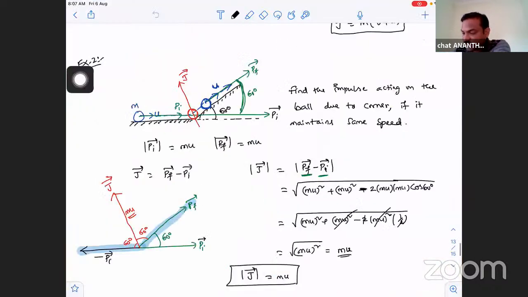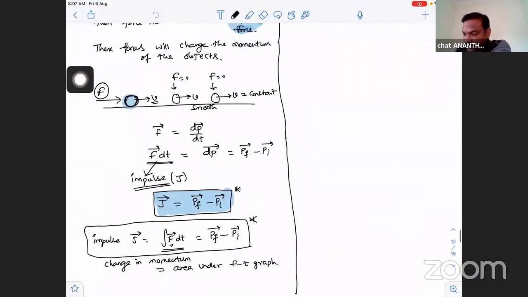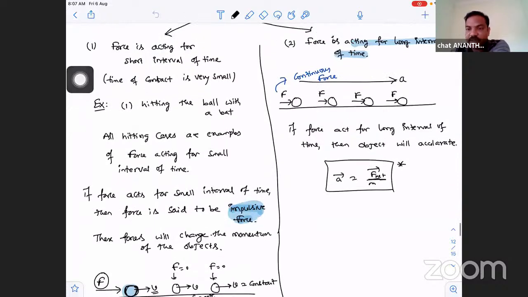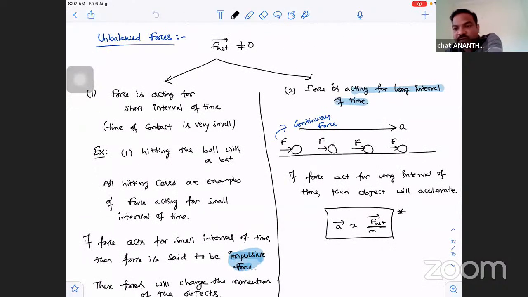Yeah. So we discussed momentum questions yesterday. Change in linear momentum when an unbalanced force is there, when net force is not equal to 0. In the entire Newton's laws of motion, you will have two cases: one is net force is 0, the other is net force is not equal to 0. Net force is 0 means we say the object is in equilibrium.